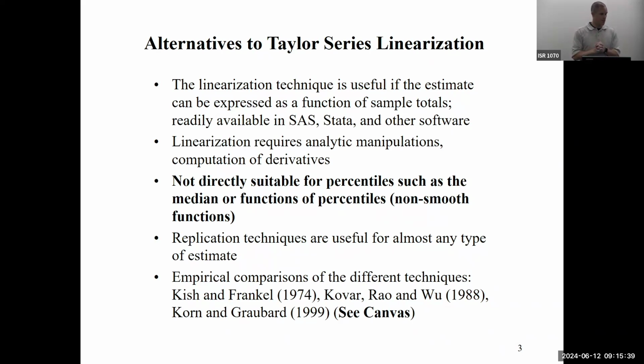That's a very common example where linearization has difficulty, because with a percentile, you may have many data points for a given variable that give you the same value of that estimate. Okay? 10 different people all have the 75th percentile on some variable of interest. So a percentile looks like a step function of the observed data.